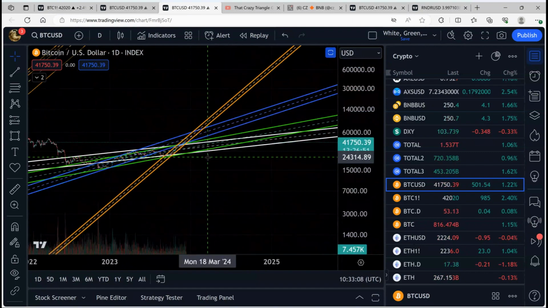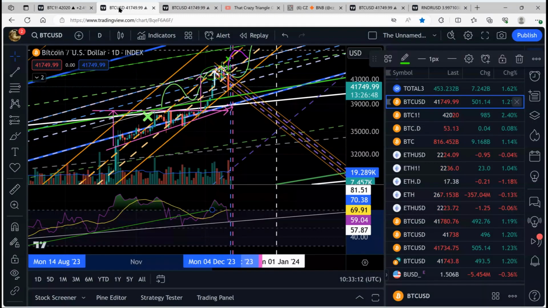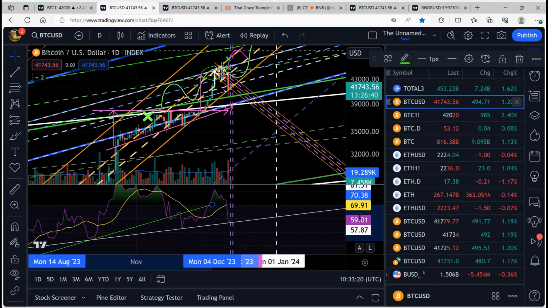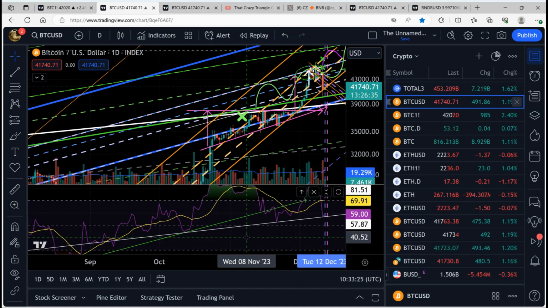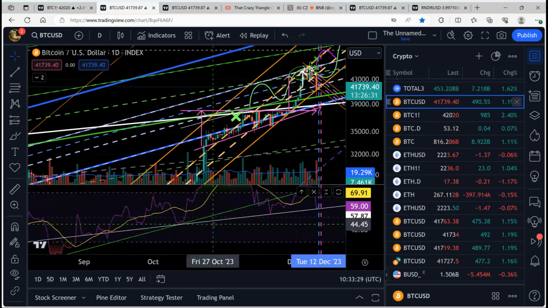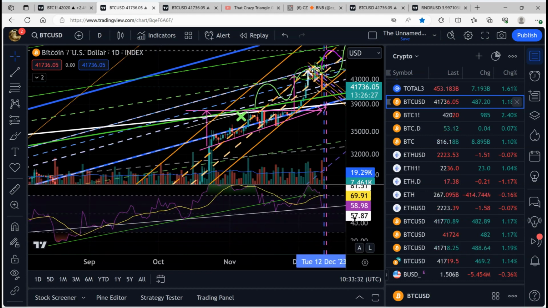And one more thing, speaking of using indicators, the RSI. I discussed the RSI before, and how we had this green trending line as support. I've got to zoom it back out.